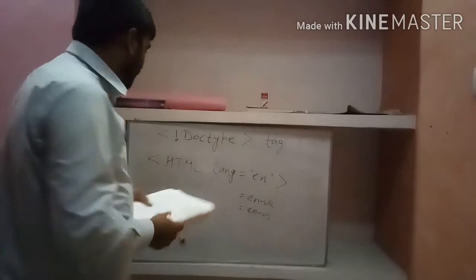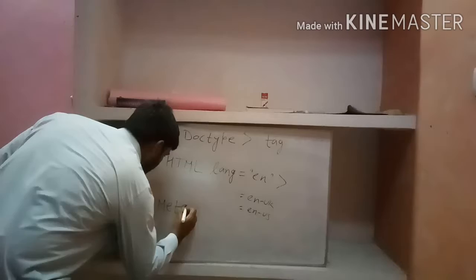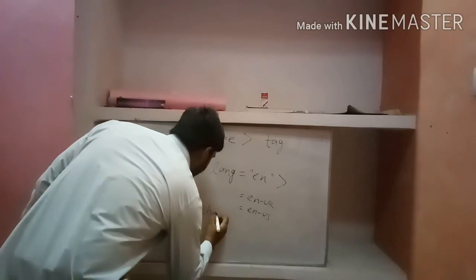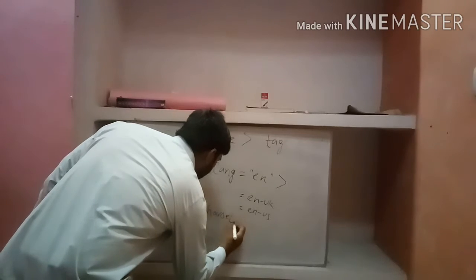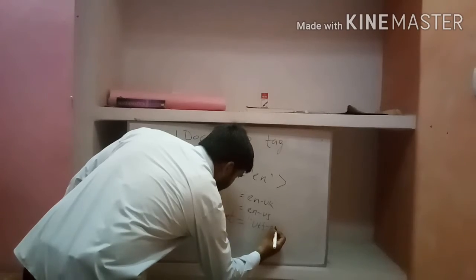Now, another tag is the meta tag. In the meta tag we use one attribute, charset, equals to UTF-8.